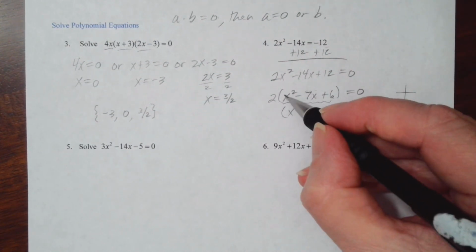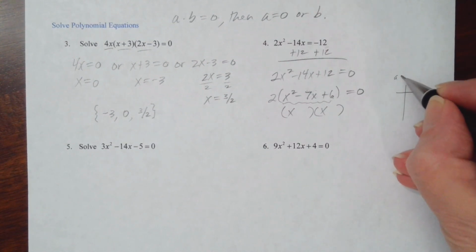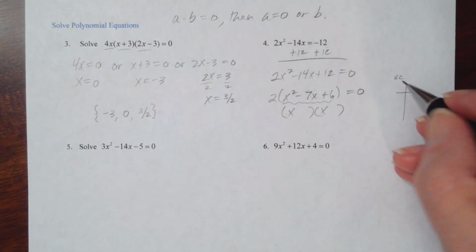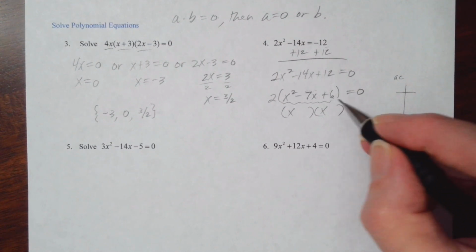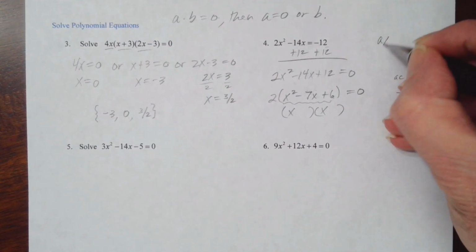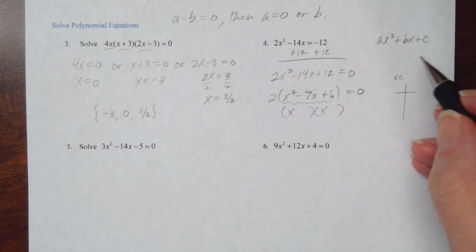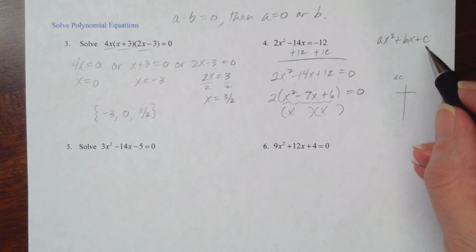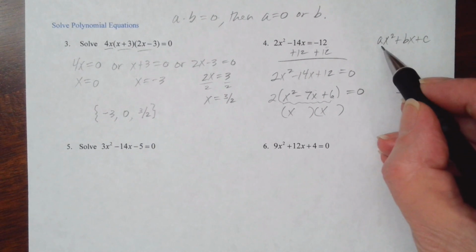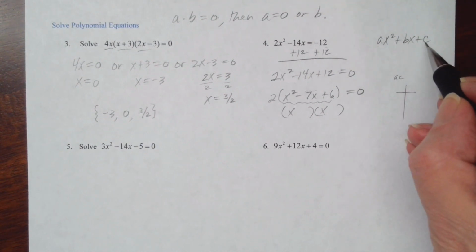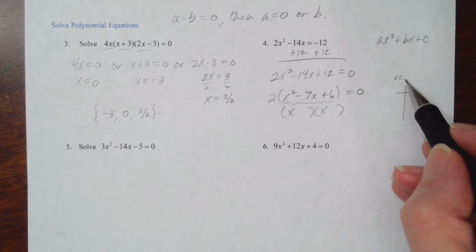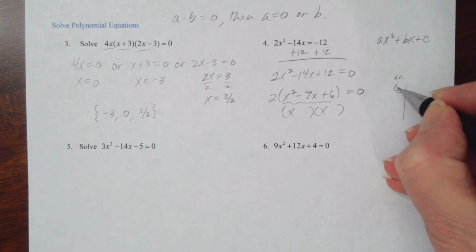Or you could think of it as your AC is 6, 1 times 6. Maybe I should do this here. What we're really factoring here are trinomials of this form with three terms. Your AC is this number times this number here. It's 1 times 6, or 6.